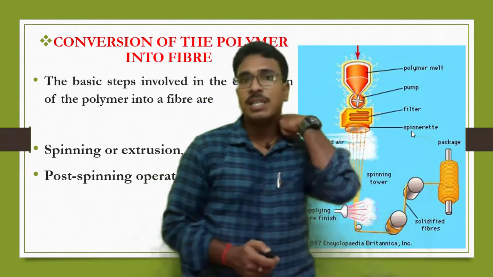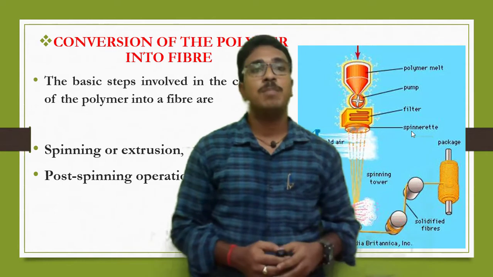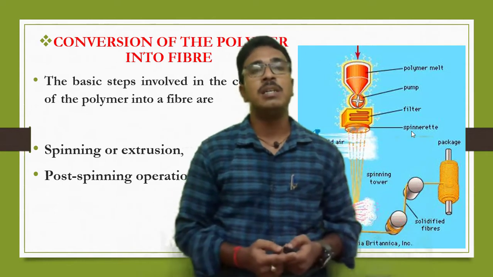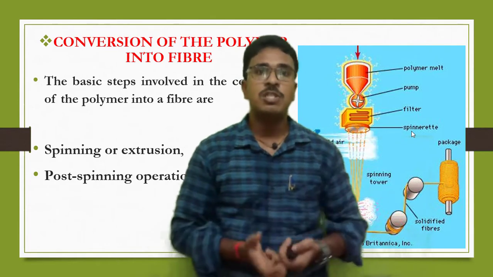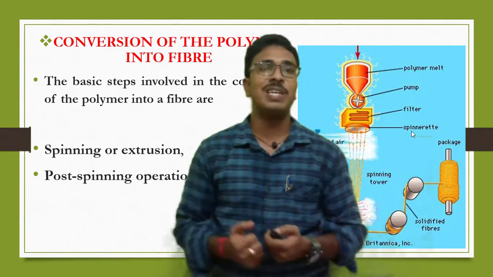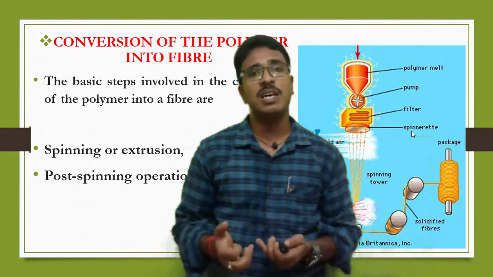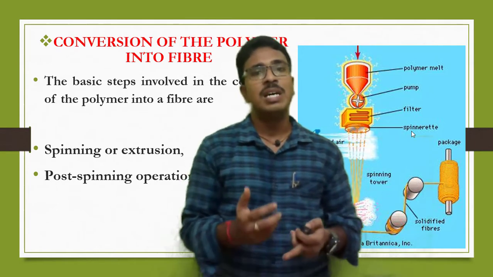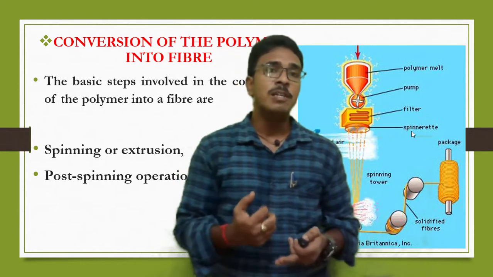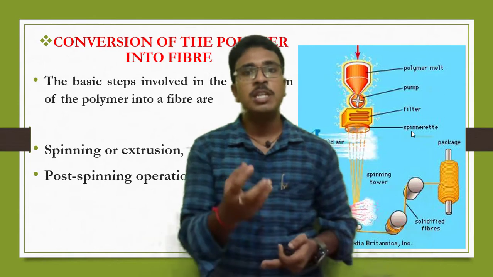So likewise the polymer is converted into fiber. Again, we have produced a polymer, and with this polymer we have to make continuous lengths of yarns. This process of converting polymer into continuous length of yarn we call the spinning process.